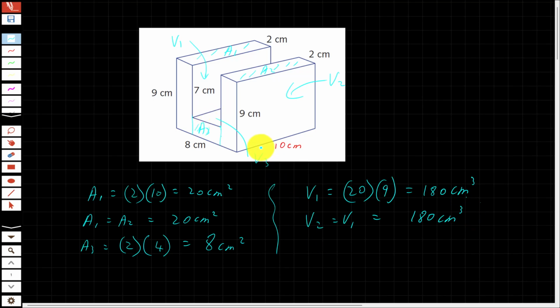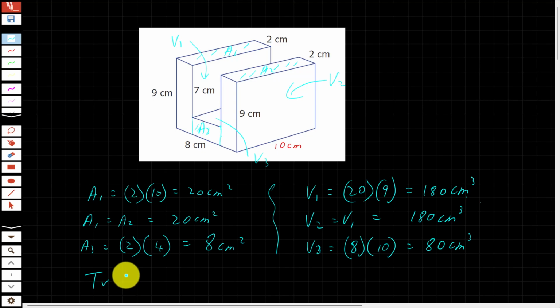And volume 3, the center bit, equals the area A3 multiplied by the depth that area goes through the object, which is 10 centimeters. So 8 multiplied by 10 equals 80 centimeters cubed. So now that we've got the volumes of each of the sections in this object, we can just add them together to get the total volume.